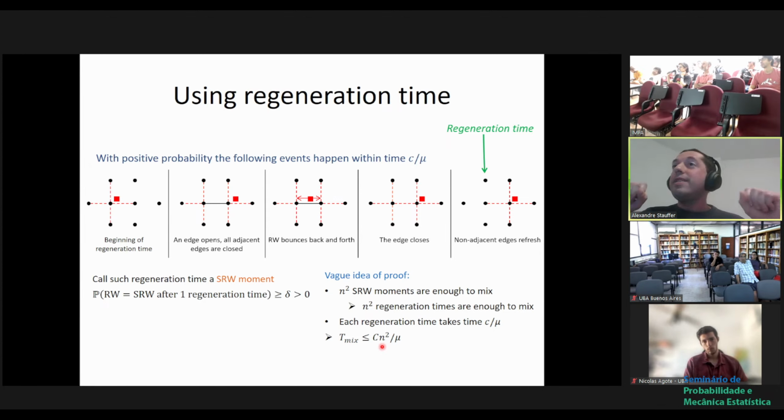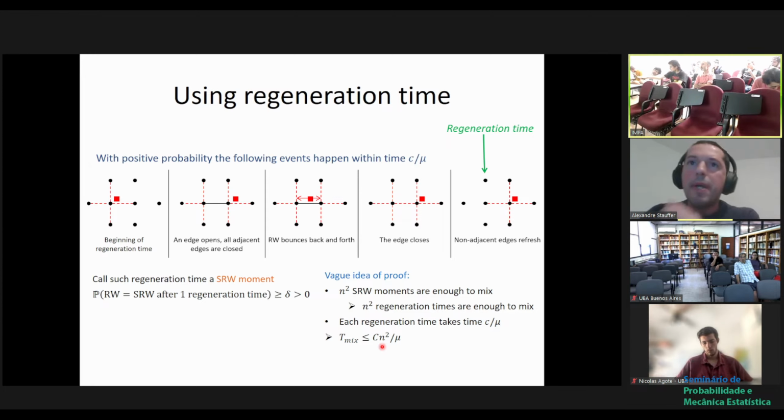Then, since now you are in a smaller cluster, the walker is trapped, and the time that the walker is trapped in a cluster that will have at most size log of the big cluster that was initially, will give enough time for the other clusters that the walker cannot reach to refresh. So you have to control a bit these dynamics. That's what's involved in showing the regeneration time is constant over mu. Okay. Thank you.